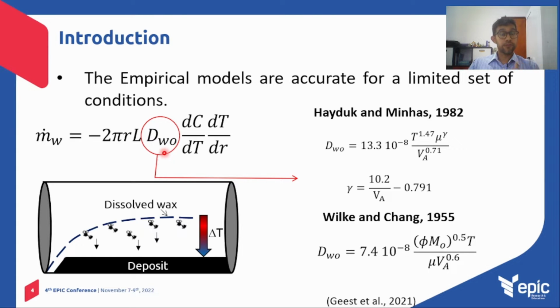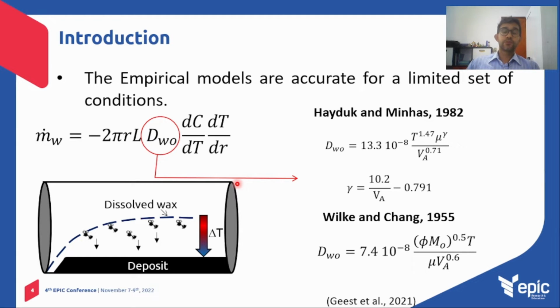That is our focus today. And speaking about the diffusivity, the important point is that the literature considers that the correlation or the model used to calculate the diffusivity works just for a limited set of conditions.